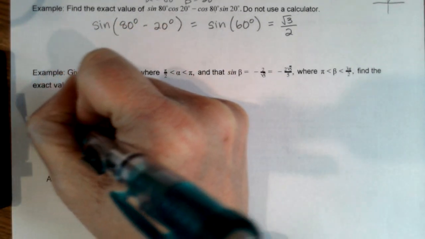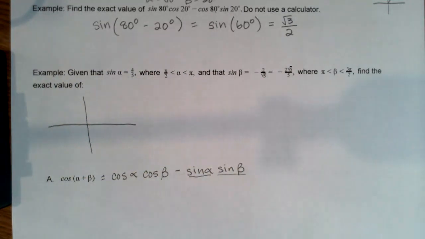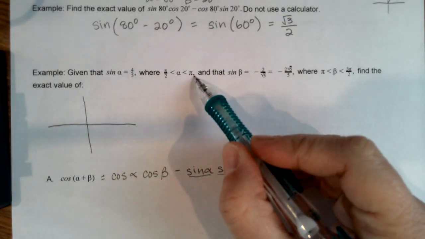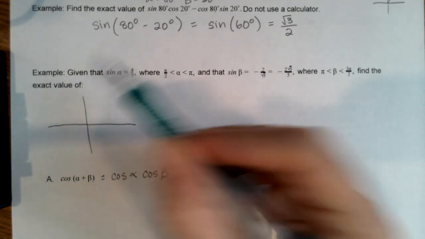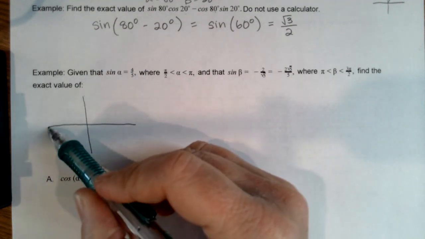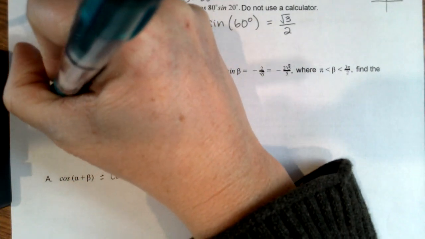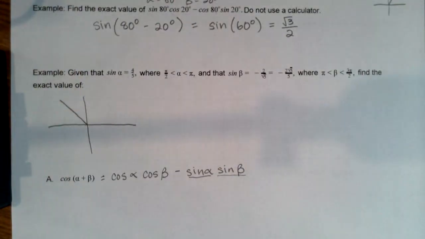I'm going to draw my coordinate plane, and I see that my alpha is between pi over 2 and pi. So I know pi over 2 is here, pi is here, so that means my alpha falls somewhere in the second quadrant.